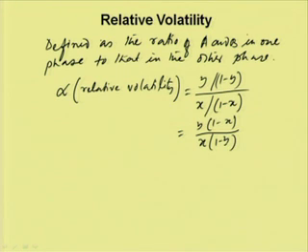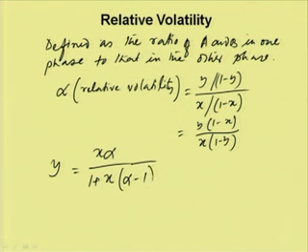So, this can be rearranged and we can write y is equal to x alpha divided by 1 plus x into alpha minus 1.